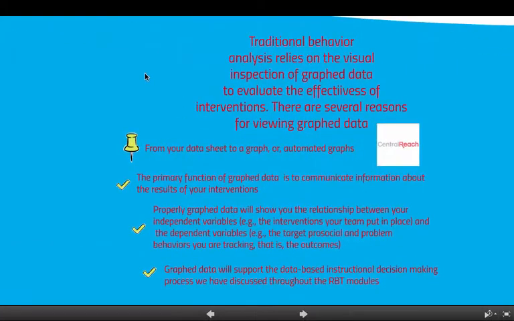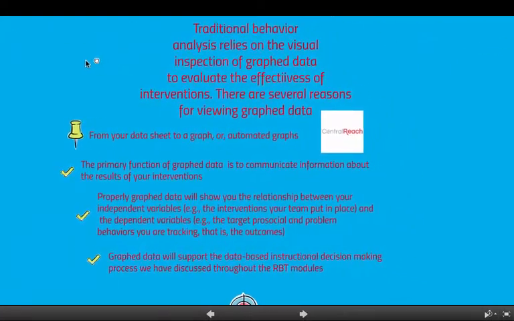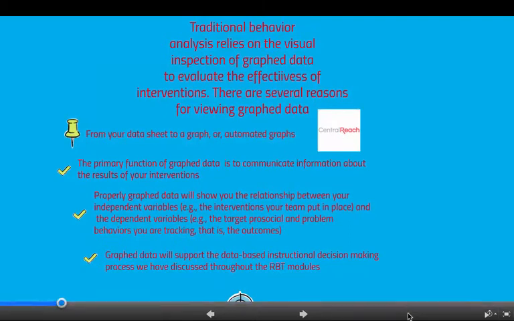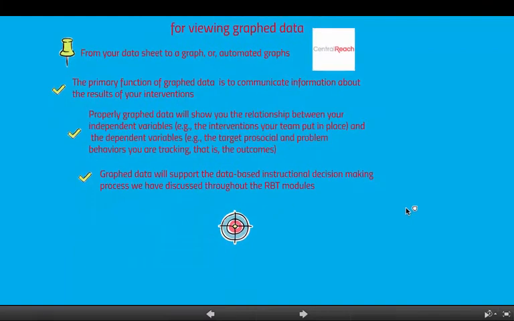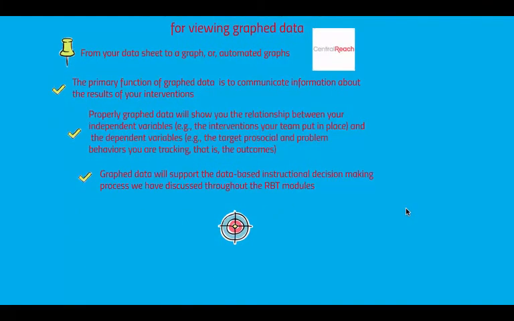So traditional behavior analysis relies on what is referred to as visual inspection of graph data. And we do that to evaluate the effectiveness of interventions. What interventions? Skill acquisition programs, interventions we have in place that promote skills. We do it for the purpose of looking at the behavior intervention programs that we have in place as well, and whether or not they're being effective.